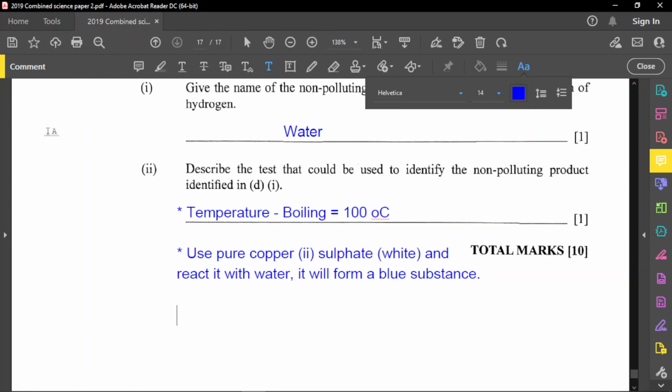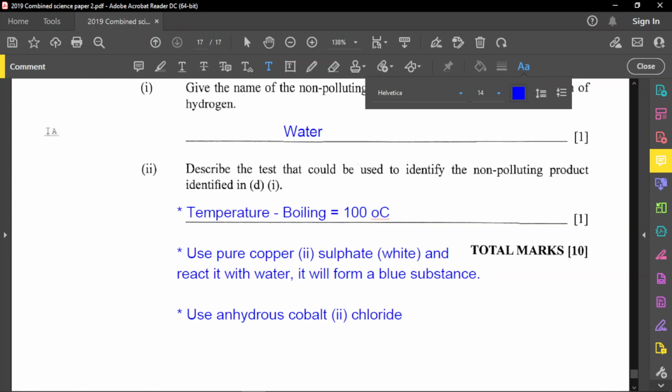Another test you can use for water is the cobalt test. In this case you use anhydrous cobalt 2 chloride. We call that the cobalt test.